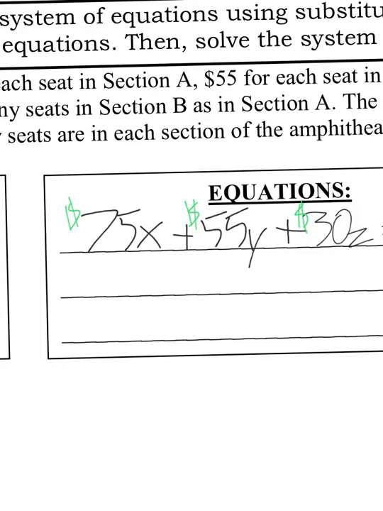So you're going to write an equation that says section B, or y, equals 3 times that of A. If I multiply 3 times the number of seats in A, I'll equal the number of seats in section B. So it just says y equals 3x.